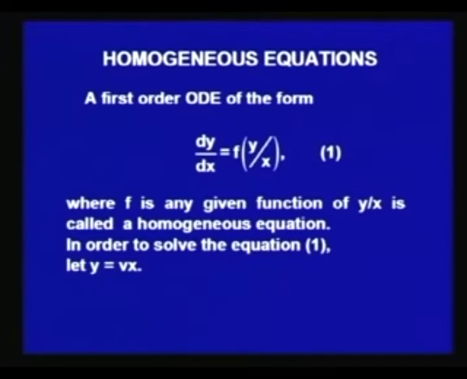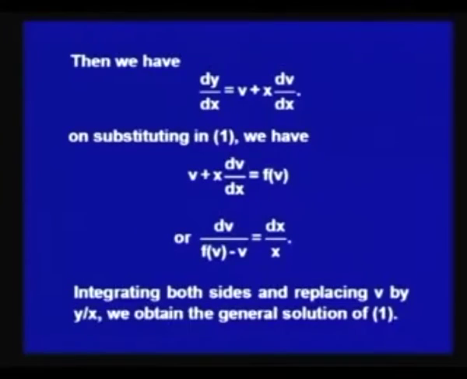In order to solve such a differential equation, we put y equal to v into x. Then dy by dx will be equal to v plus x dv by dx, and when we substitute it in the equation 1, we shall have v plus x dv by dx equal to f(v), or we can separate the variables x and v and get dv over (f(v) minus v) equal to dx over x.